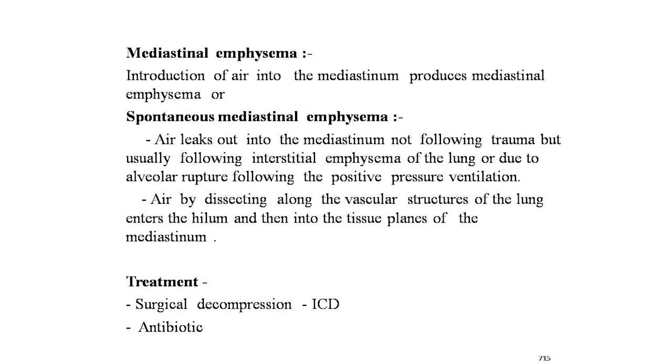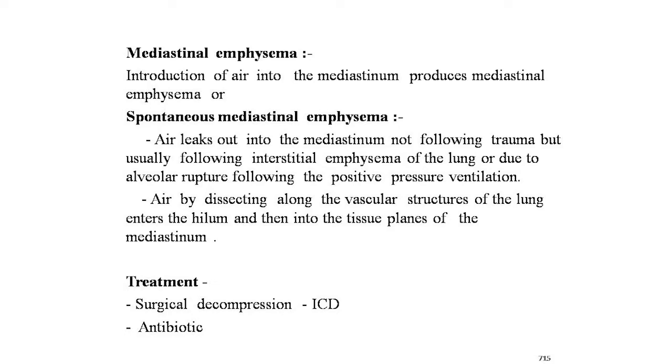Now the mediastinal emphysema. Introduction of air into the mediastinum produces mediastinal emphysema or pneumomediastinum. The air usually comes through a rent in the tracheobronchial tree or in the esophagus. Penetrating wounds injuring these structures, or blunt trauma with fracture of the ribs and vertebrae, may rarely cause such injury.